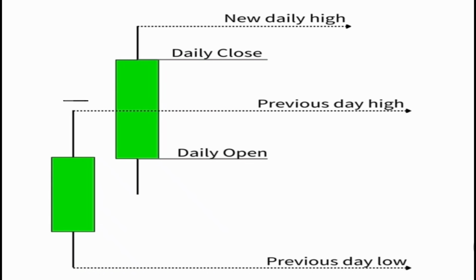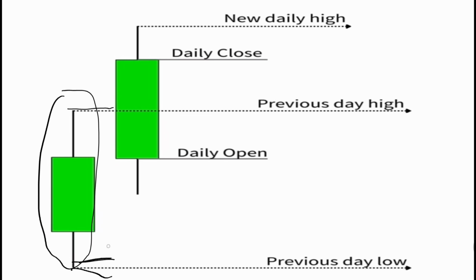This is the candle for the previous day's candle, and this is the high and this is the low. Now if this new daily candle breaks the previous day's high, you can see the previous day's high has been broken by this candle.